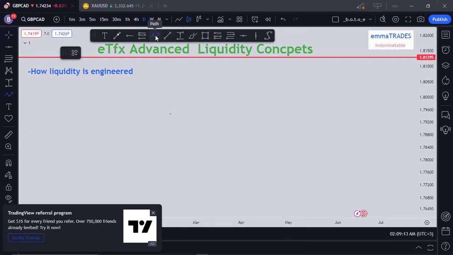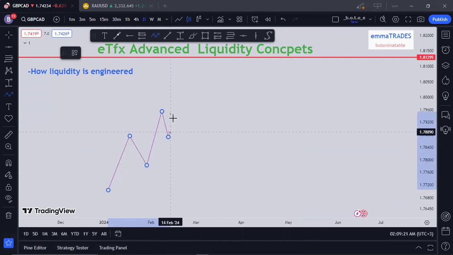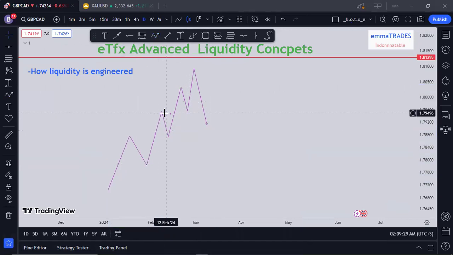For the case of how I trade particularly, we're going to take an example of an uptrend. Let's say price is moving to the upside like this, forming higher highs and higher lows. Then somewhere within this sequence, price breaks the characteristics of the uptrend.